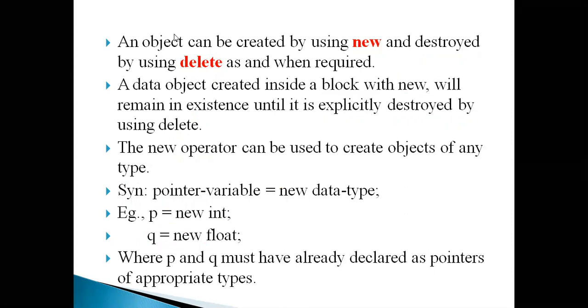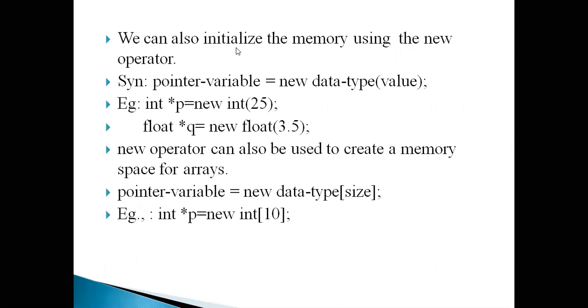Now look at this. At the same time as we create the memory, we can also initialize the values. So it is the pointer variable, whatever variable we are using, equal to new, which is used to create the memory, then the appropriate data type and the value.